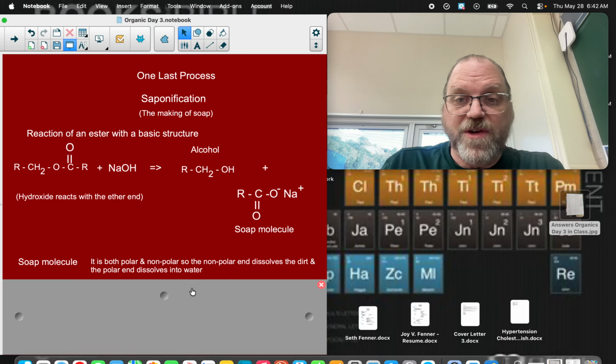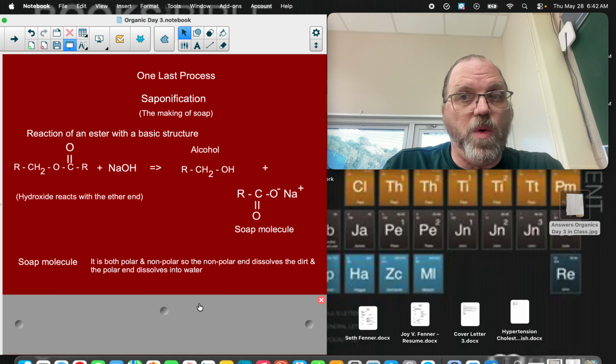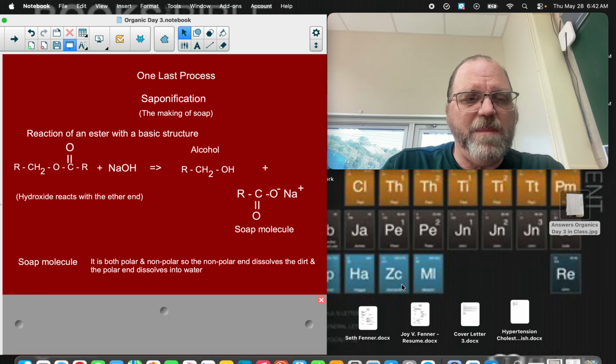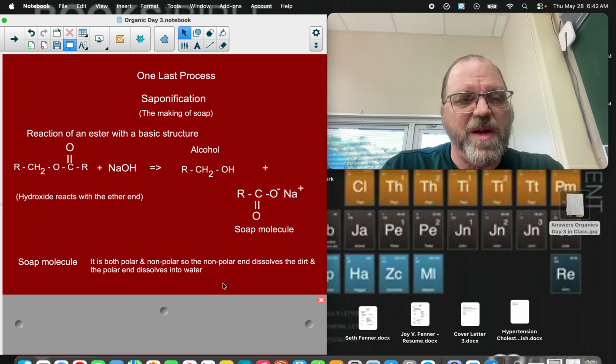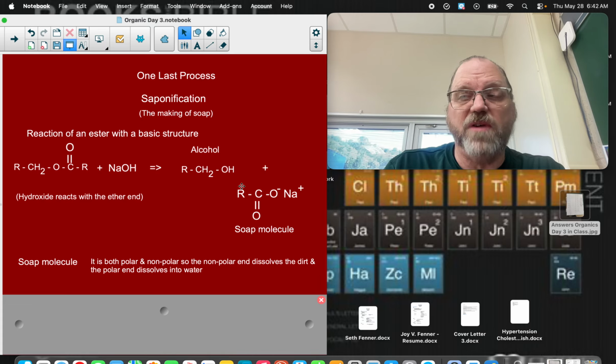Back in the day when they first came up with soap, it was so basic that it would actually burn the skin, and so people would take a bath once a month if they had to. But now the soap molecule is both polar and nonpolar. The nonpolar end dissolves in the dirt, and the polar end dissolves in water, and that pulls it through.